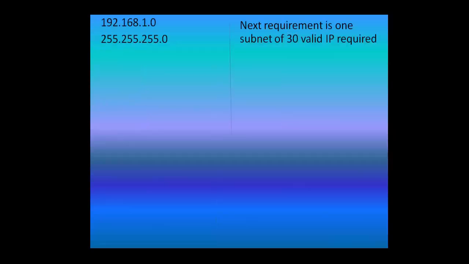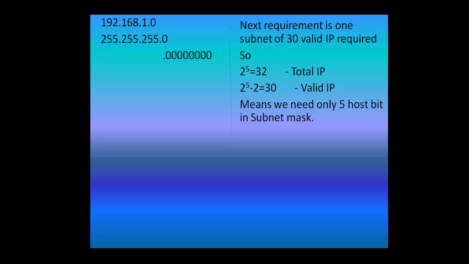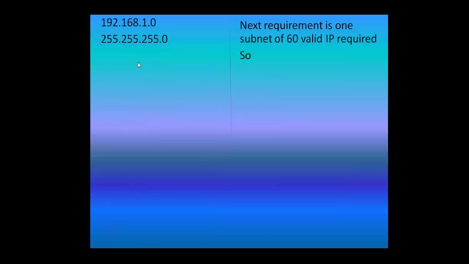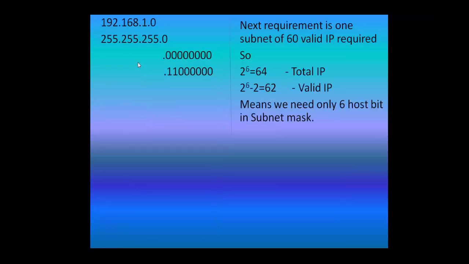Next example. I want to show you some more, like /16. Here, the default is /24, because the default subnet mask is 8, 8, 8, 24.